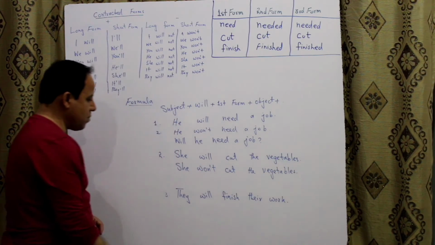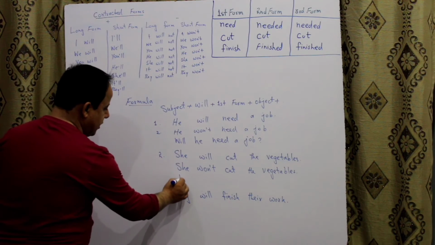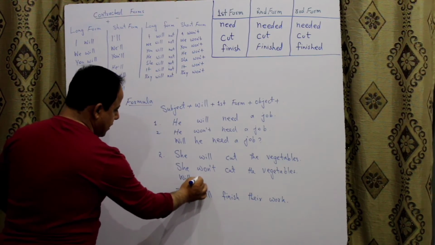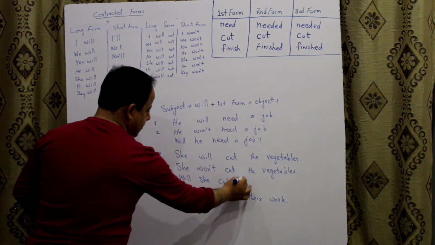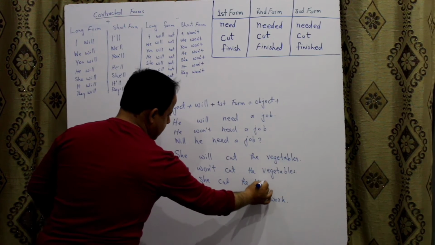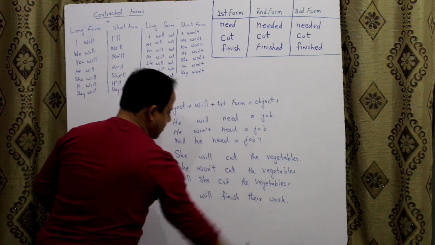Now how to make an interrogative of this sentence? Quite easy. We bring will at the beginning, after that we use the subject. Will she cut the vegetables? And at the end we use the question mark.